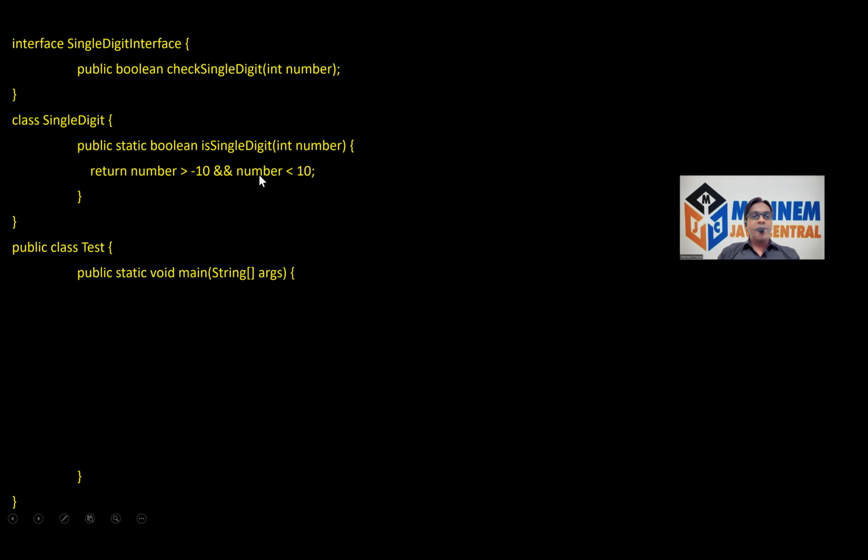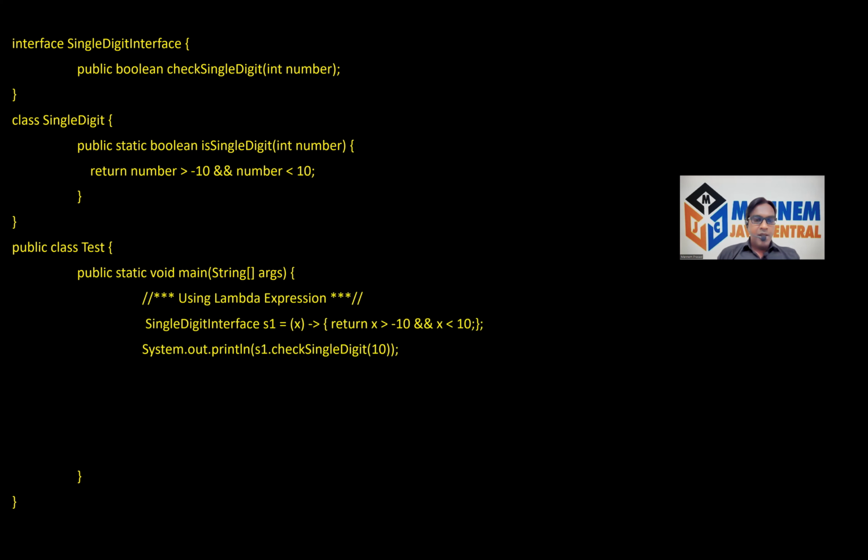The implementation gives information on whether that number is a single digit number or a double digit number. In order to use this functionality in a test class, rather than writing this implementation in a Lambda expression, we just refer to this existing method and assign this reference to the reference variable of that functional interface. Let's see this example.